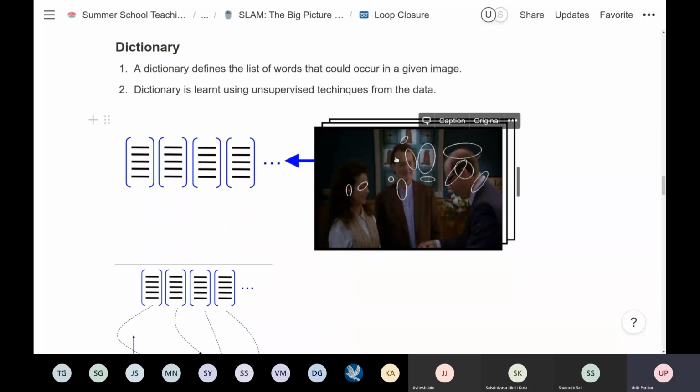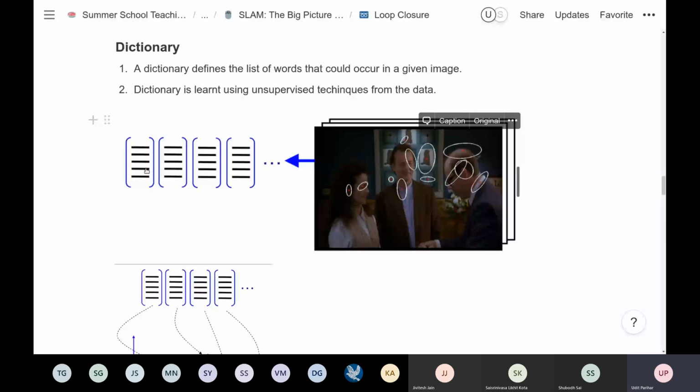So how to build a dictionary? Let's say you have images in your database, thousands, 100,000 or millions of images, and from these million images you run a feature detector. Let's say you run your SIFT feature detector, and for each image, this blue thing is one image, this another blue thing is another image, and so forth.